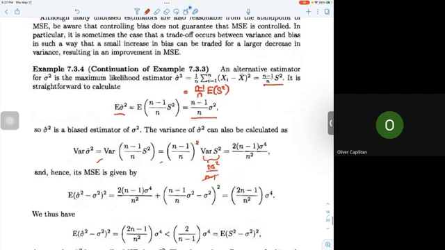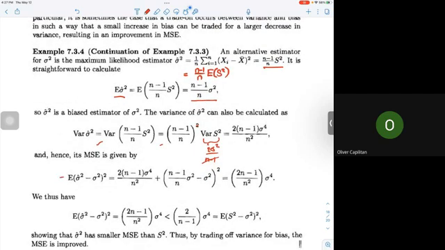So that's the variance. Therefore, the MSE of our estimator, sigma square hat, is equal to that. It's the expectation of the squared difference of the estimator minus its parameter. So this is what we call the variance of our estimator.